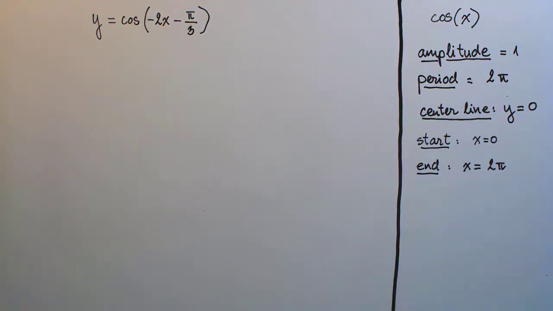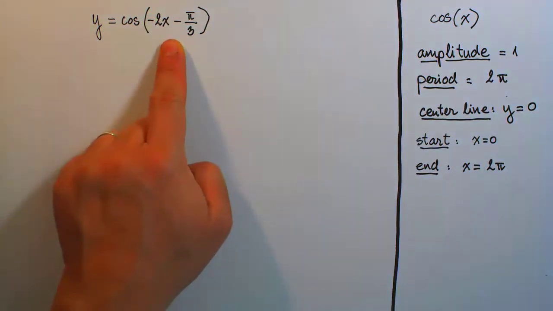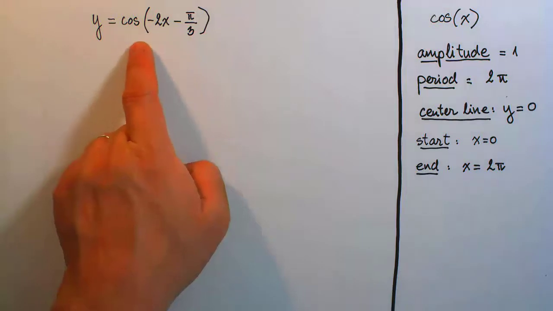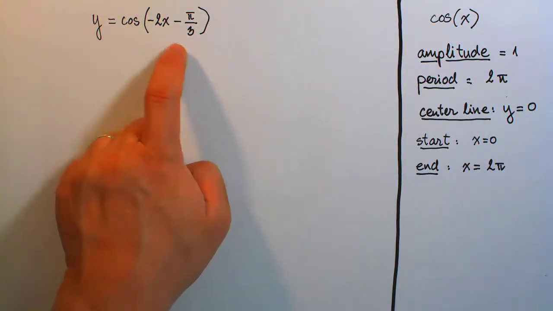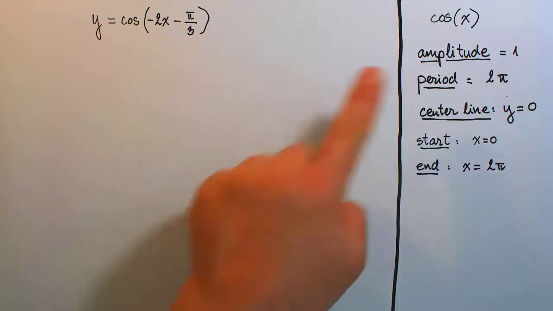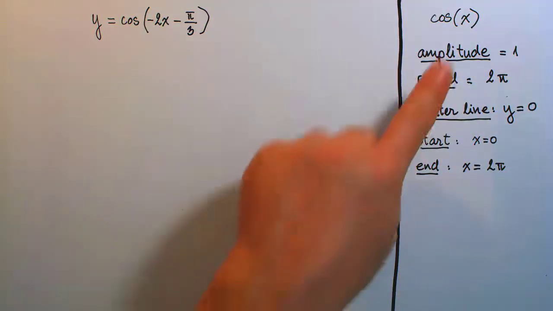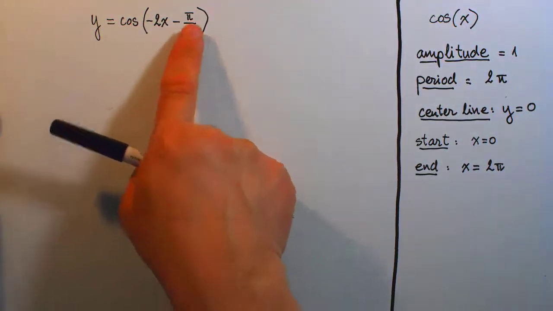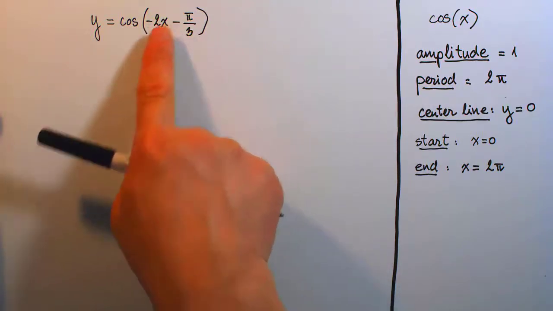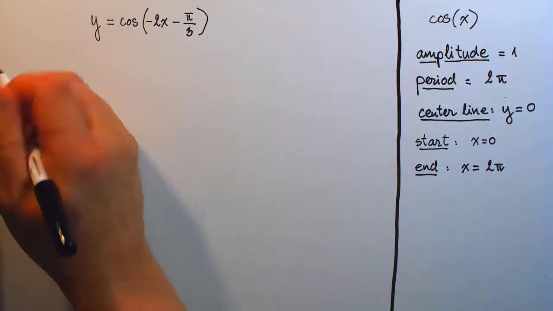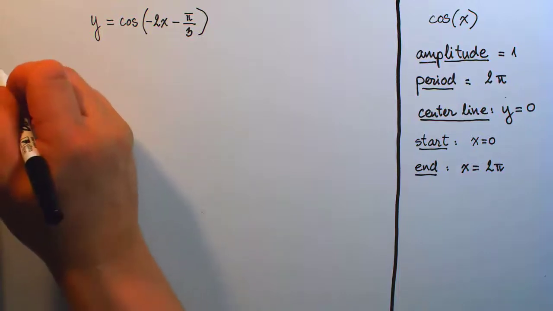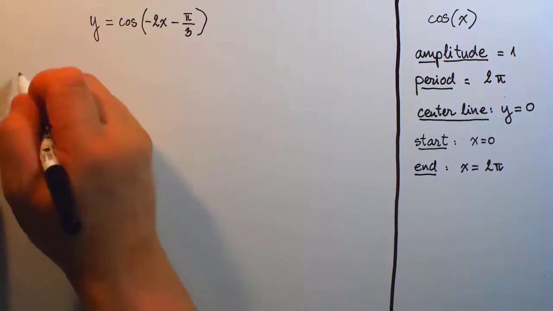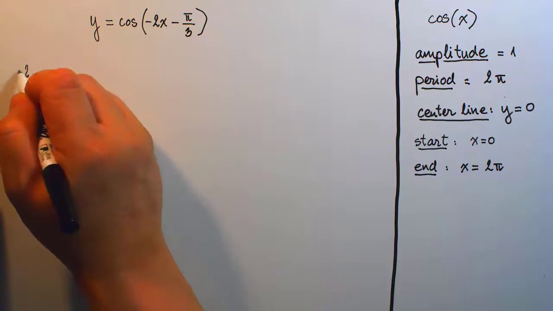The expression inside of our cosine function in this actual problem is a linear expression, a lot different from the expression inside of our ordinary cosine function. We have learned that when the expression inside of the cosine is a linear expression like this, we can do a quick little side work here: factor out.